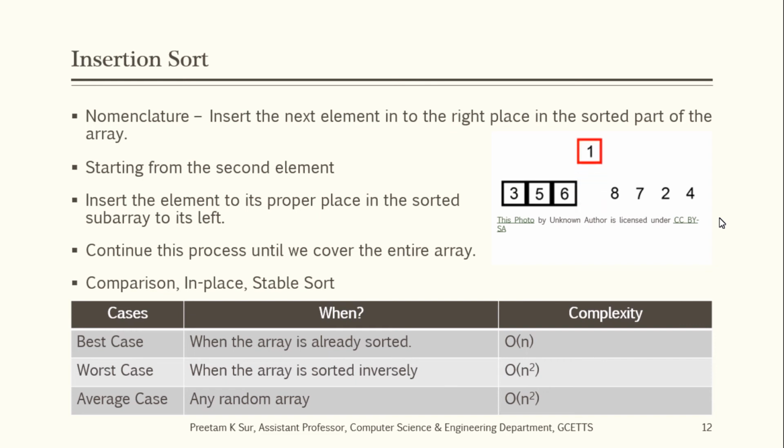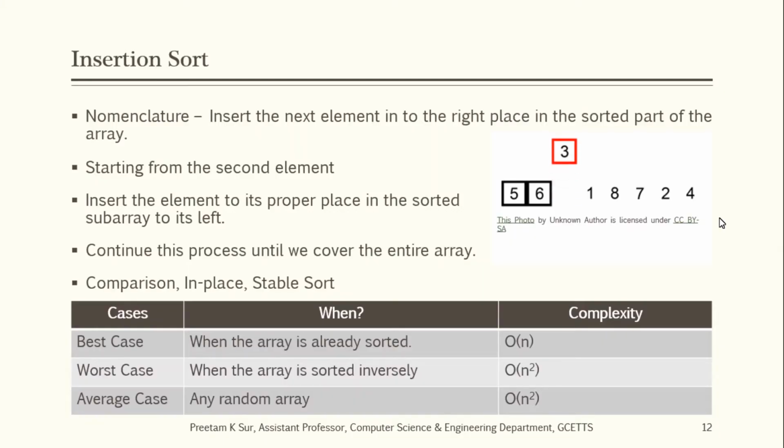In that case, the time complexity is order of n only, because if the array is already sorted, whenever you try to find where the next element is to be placed, you will find that the next element is always in place. So the inner loop, which shifts the elements one place to the right, will never be executed, and that's why the outer loop gives you a complexity of order of n only.